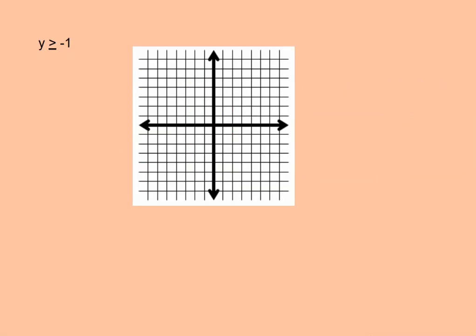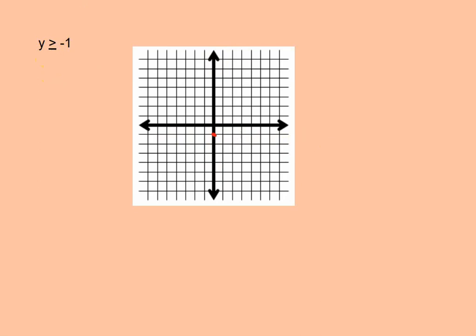And this is our last example: y is greater than or equal to -1. Based on the acronym that we just went over, HOY tells us that all horizontal lines have an equation that just contains a y. We're going to go to our y-axis at -1 and put a dot, and then draw a horizontal line through that dot.